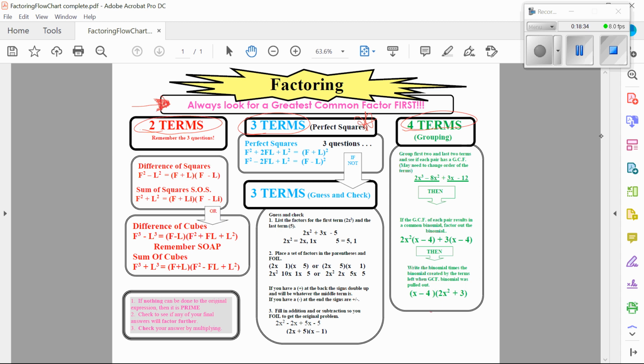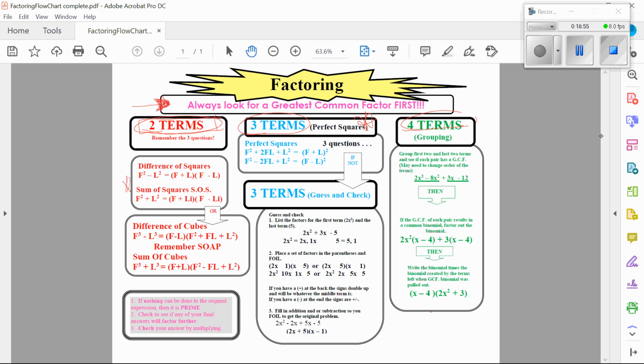So we did one example where you have to take out that GCF and group. These two are really closely related. There's a way to do 3-term AC method where you use grouping as well. So what we have not talked about yet is 2 terms, and there's only 2 types of 2-term problems after you take the GCF.